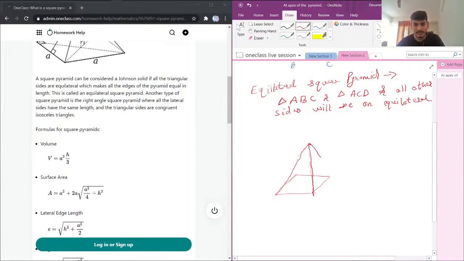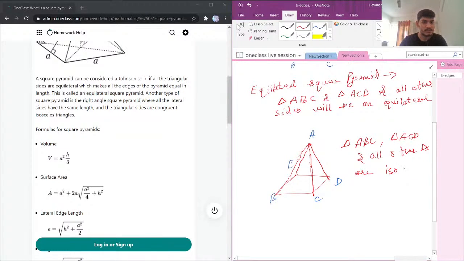You can see the triangles are not equilateral triangles, they converge at a single point. So my triangle ABC and my triangle ACD and all other triangles are isosceles triangles.